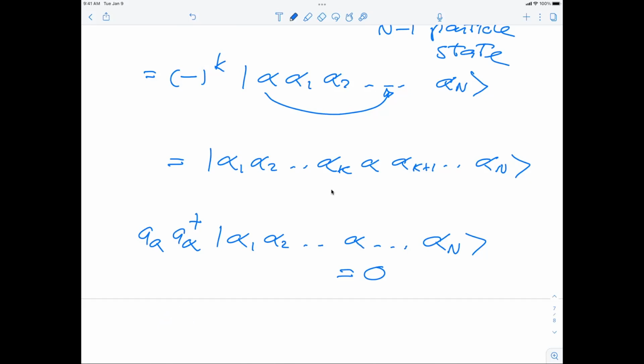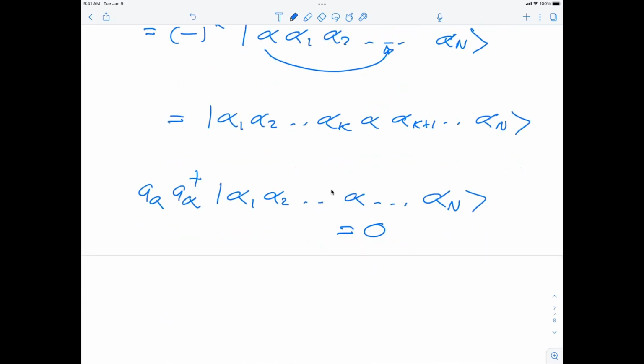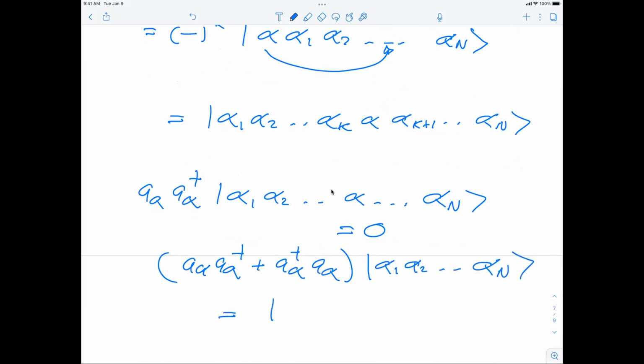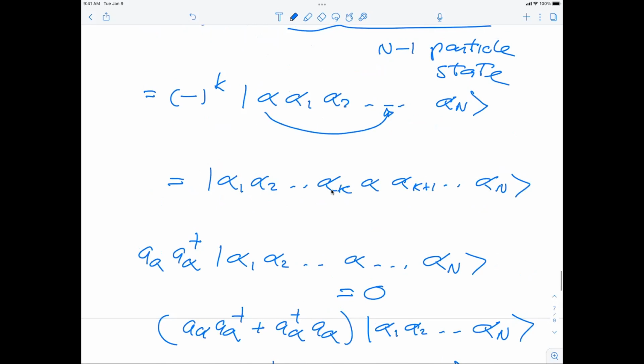What you see now is if I act with a_alpha dagger a_alpha plus a_alpha a_alpha dagger on this state, where alpha is contained in the state, what we get then is just the same state back. The first one is zero, and the other one just brings me back to the state.